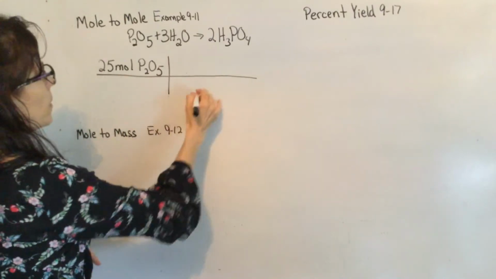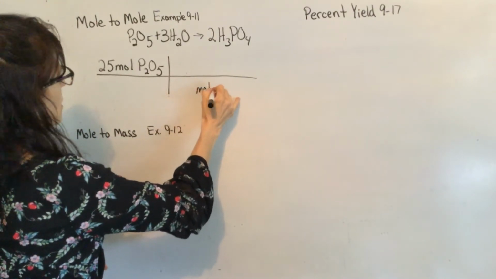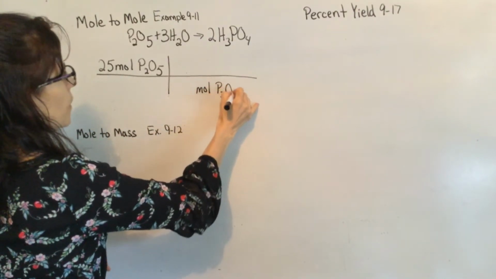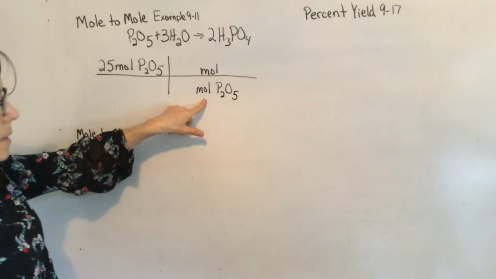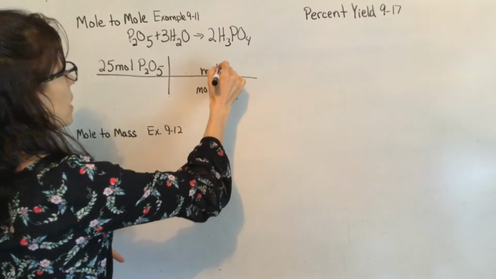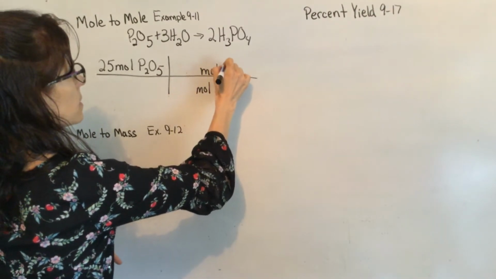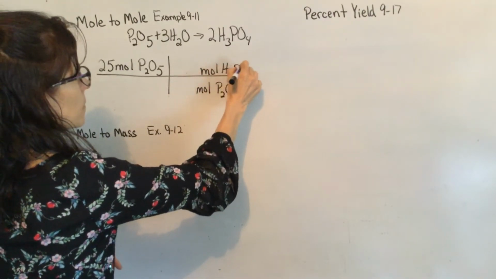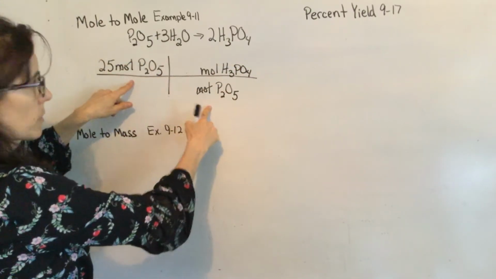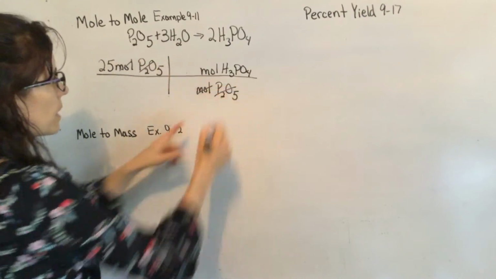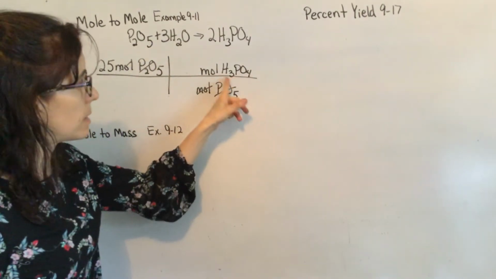So we're going from moles of P2O5, from goes on the bottom, right, to moles of phosphoric acid. All right, so we know that the units will cancel out, the substance will cancel out, and we're going to the units that we want.